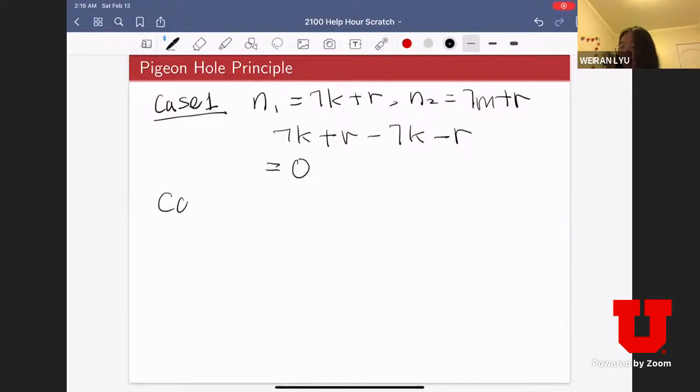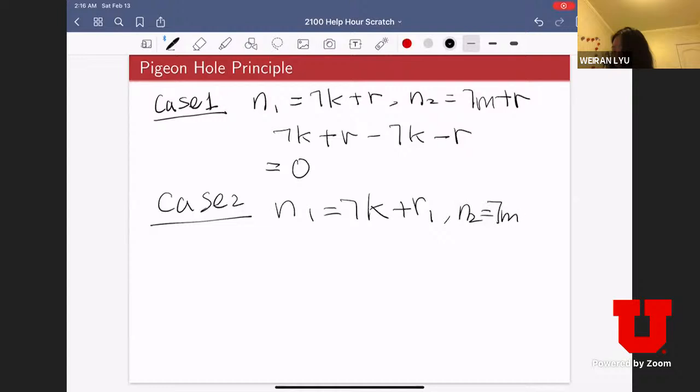And the second case, or the second larger case, would be if they have different remainders, but since they're in the same box, since they're in the same container, we know that R1 plus R2 will equal 7. And that's because they're in the same container.